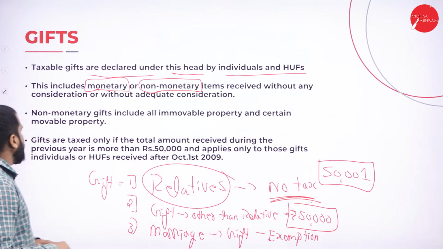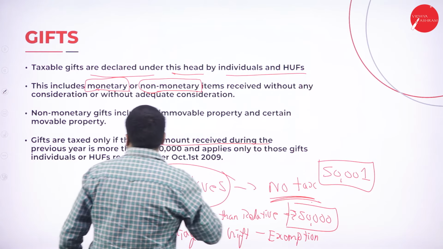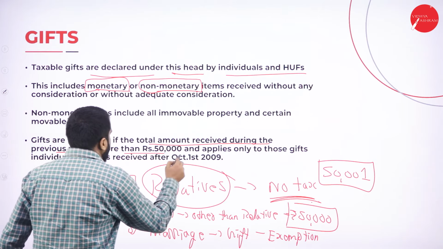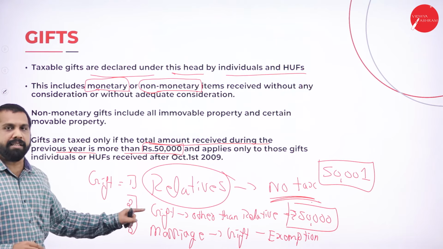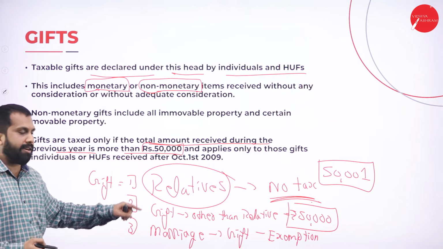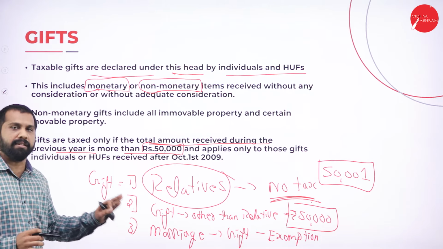Gifts are taxed only if the total amount received during the previous year is more than 50,000. I already explained you, these 3 shortcuts are there. Please take a screenshot later. These 3 are more than sufficient while calculating gift.